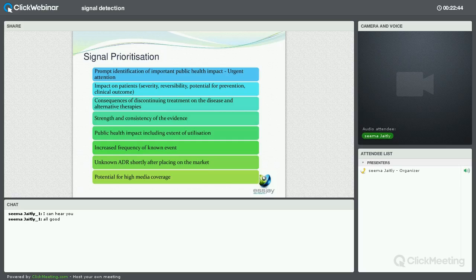They do actually state in Module 9 that certainly when you have something that has a potential for high media coverage, you should consider prioritizing that as well.